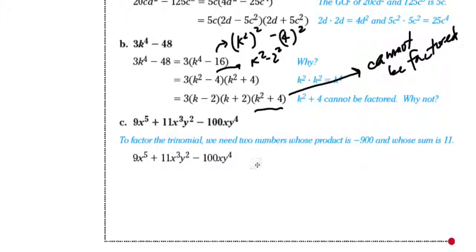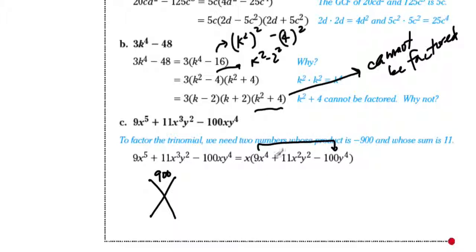So using the GCF, we factor out x first. And after factoring out x, then we do the x method. So the x method calls for 900, the product of 9 times 100, and which has a sum of 11.